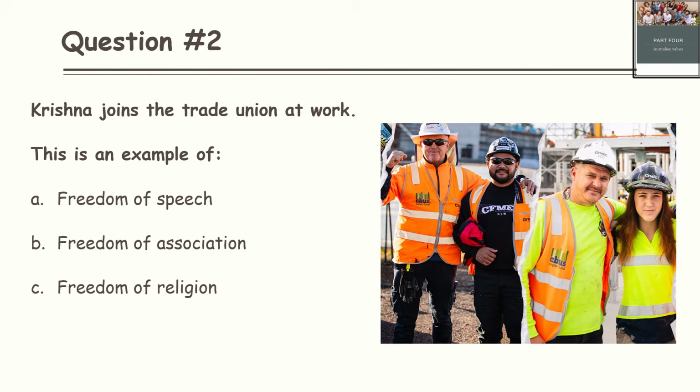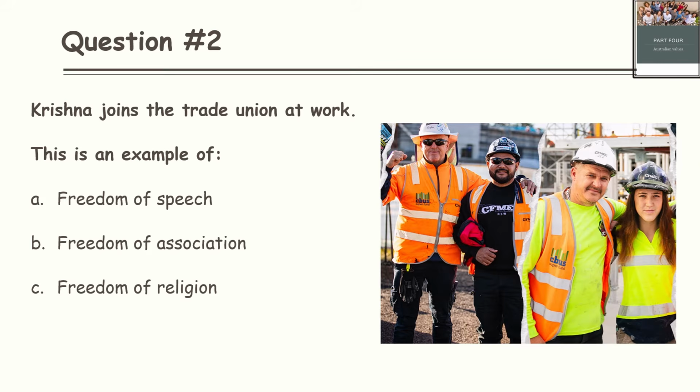Question 2. Krishna joins the trade union at work. Remember, a trade union is an organized group of workers who join together to protect their rights, improve working conditions, and negotiate better pay, benefits, and safety standards with employers.